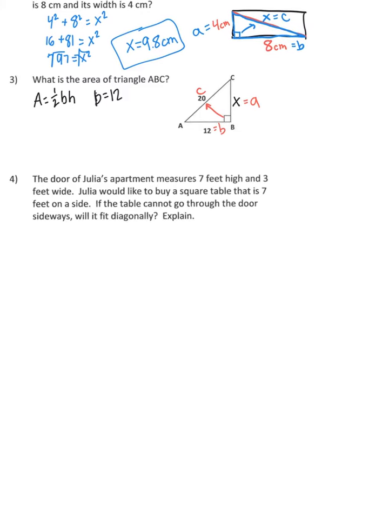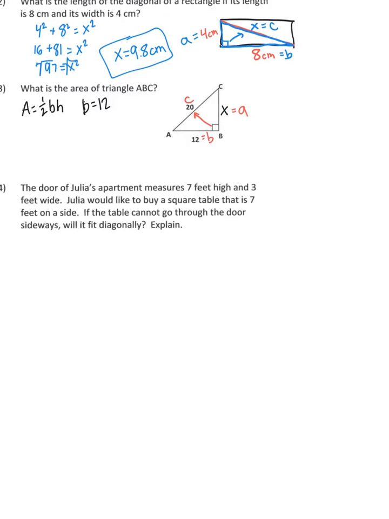So if I move this over a little bit, let's do our Pythagorean theorem over on this side. We get A squared, which is x squared, plus B squared equals C squared. Well, 12 squared is 144, and 20 squared is 400.